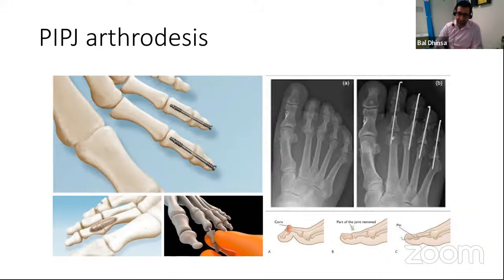However, all these implants still have the risk of swelling, and it depends how easy the implant is to use. I tend not to use screws because I find the screw heads cause a lot of prominence on the tip of the toe, and I also find that it's a permanent implant. I would rather use an implant that I either remove, such as a K-wire, or an absorbable implant.